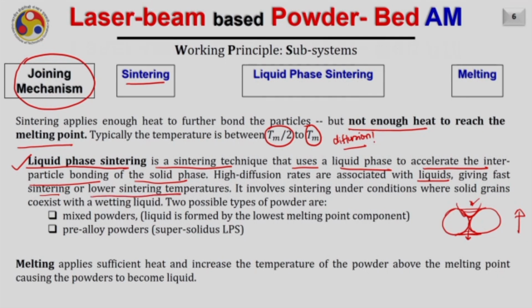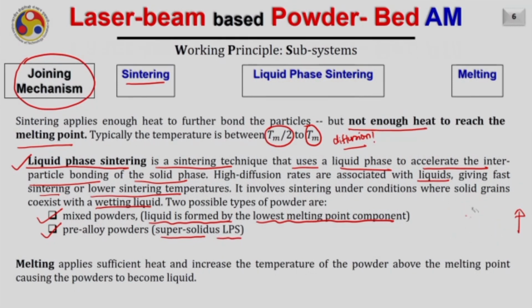It involves sintering under the condition where solid grains coexist with the wetting liquid. So, two possible types of liquid phase sintering are with two types of particles. First is with mixed powders, where the liquid is formed by the lowest melting point component, and the second is the pre-alloyed powder, where supersolidus liquid phase sintering governs the process.